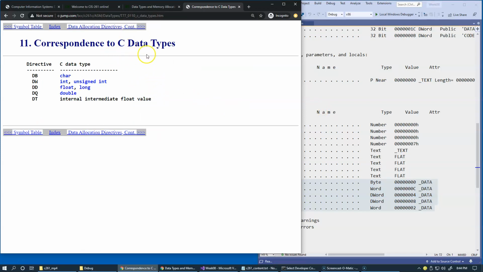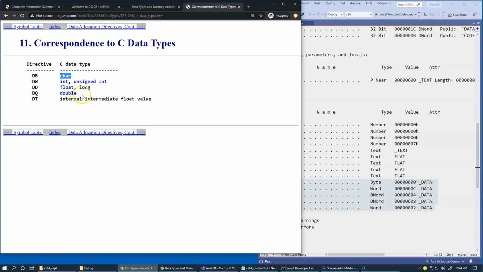So the correspondence to C data types, again, C and C++ do not really stick to specific sizes, but on most platforms this is the correspondence to a character, integer or unsigned integer, floating point, and the double. Okay, so these are memory allocation directives that correspond to these types. So most of the time they will work like this.